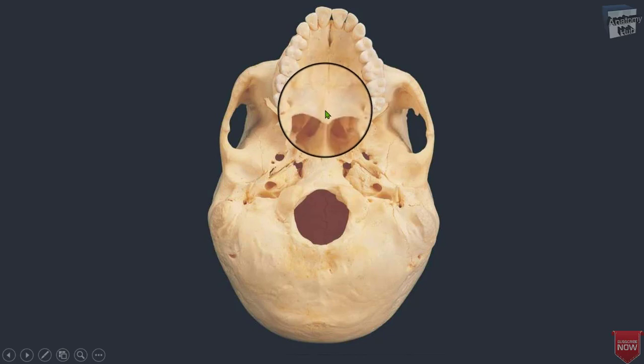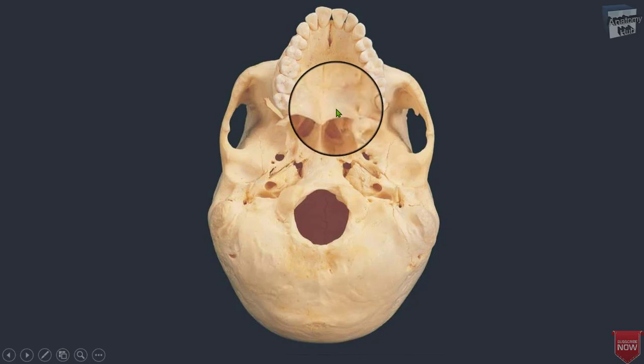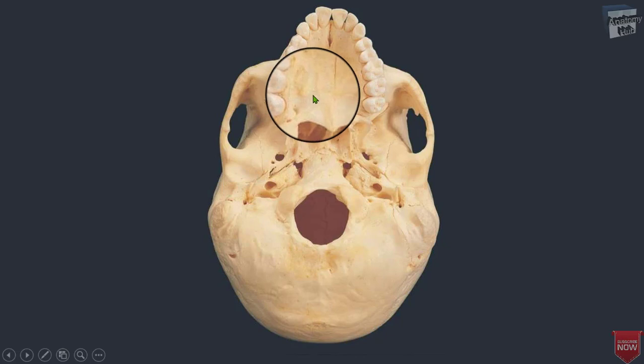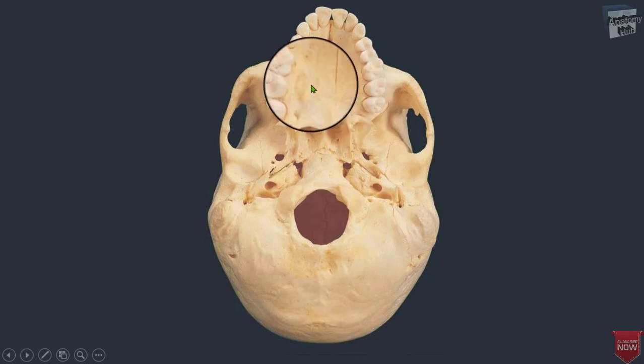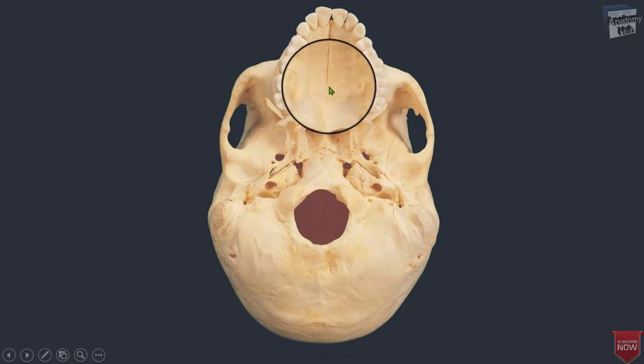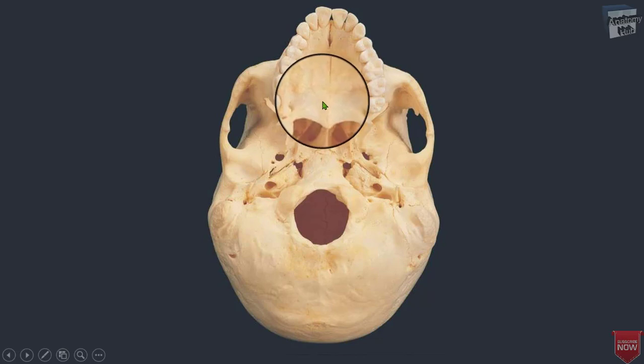The median palatine suture lies on the midline of the hard palate between the left and the right palatine bones. The transverse suture, which will be found over here, extends horizontally across the hard palate between the right and the left maxillae and the palatine bones.